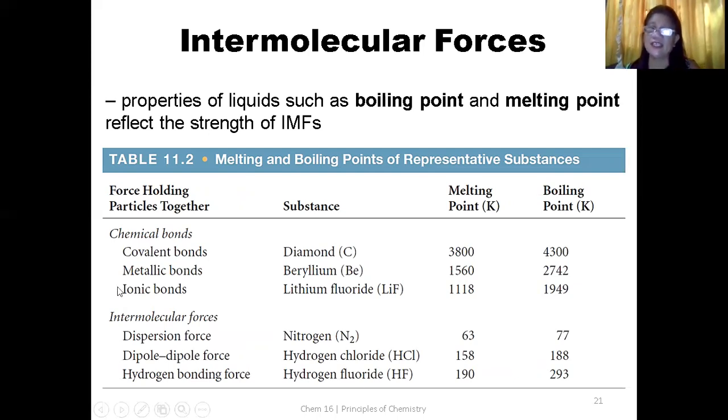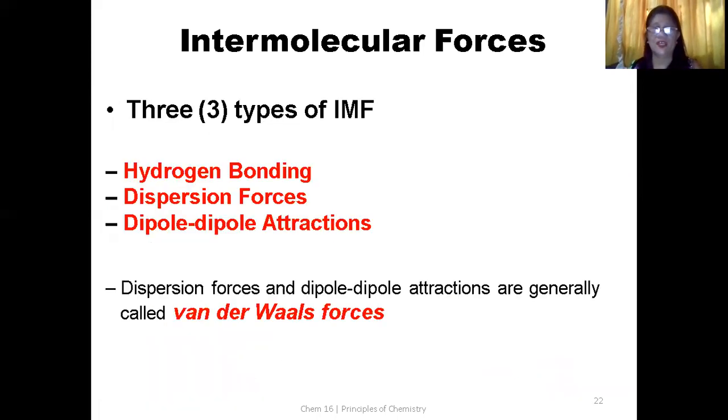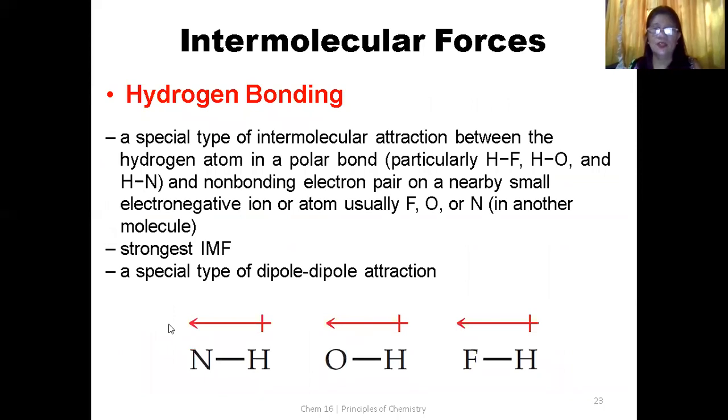Kani is, ang pinaka-strongest is the covalent, followed by metallic, the least is the ionic. Remember that.